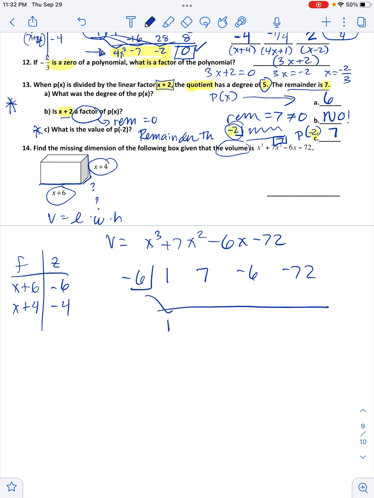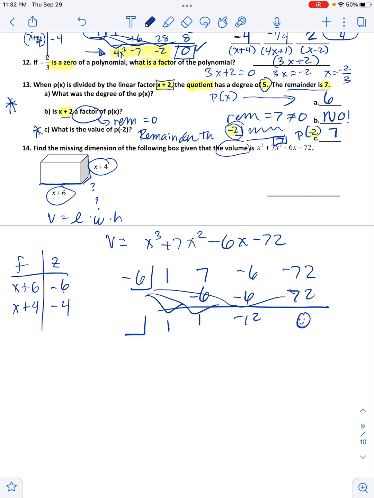So I drop my 1 and I start my process. Multiply, add, multiply, add, and then multiply. So not surprisingly, and makes me happy, that is a 0. It went in evenly. Then I keep going.